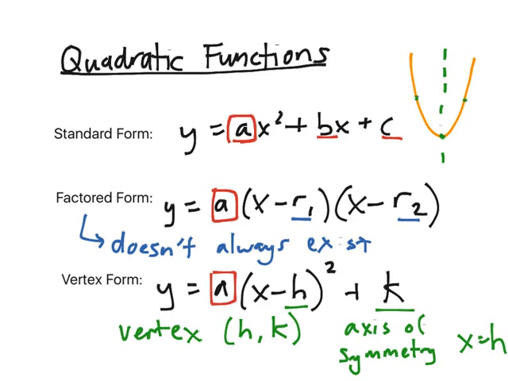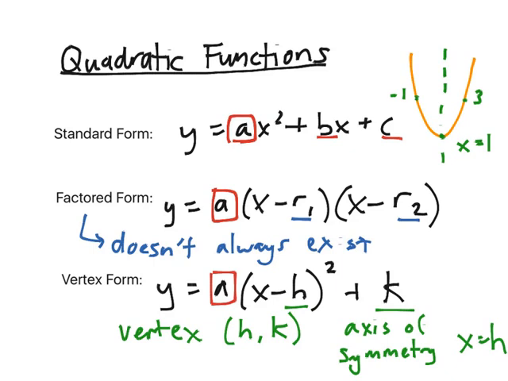So say your roots were at -1 and 3, then you know that your axis of symmetry would be x equals 1, because that's in the middle of the two roots. And that goes through the vertex.